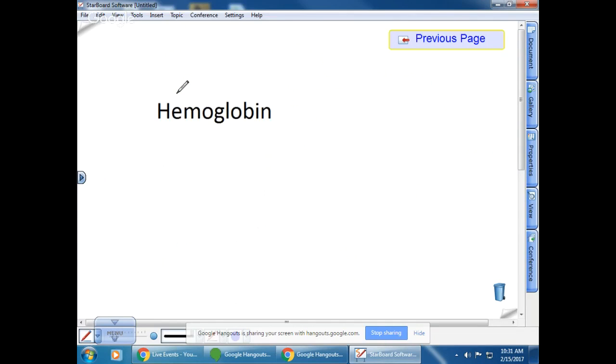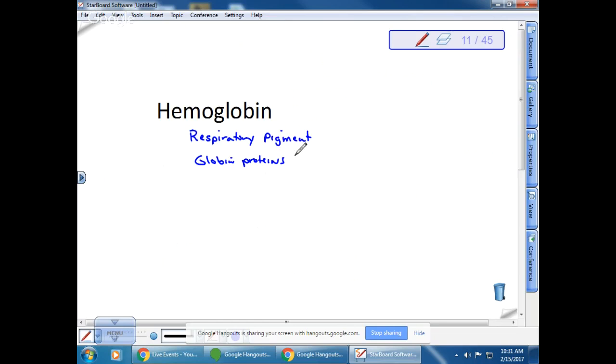Okay, so let's talk about hemoglobin. So hemoglobin is what we call our respiratory pigment. It is composed of globin proteins. The proteins in the adult hemoglobin, we'll talk about fetal hemoglobin in a minute, are 2 alpha globin plus 2 beta globins.